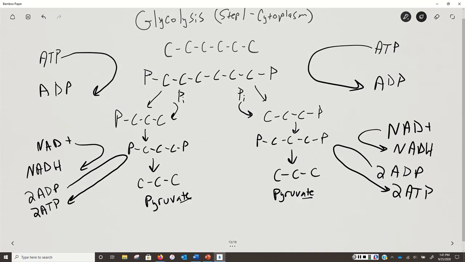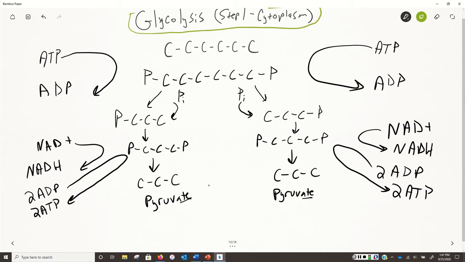So let's go and see all of the important things that we will take away from step 1, glycolysis. There's a lot going on there. What do we need to know? Well, you need to know the name and where it takes place. Everything that I circle in green is going to be what you need to take away from each step.